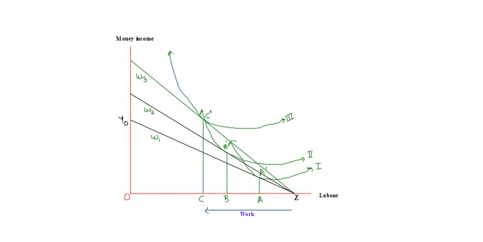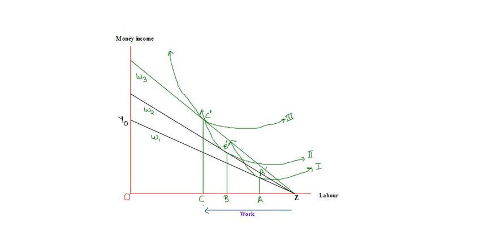So CC dash income is greater than BB dash income, which is greater than AA dash income. Similarly, the hours CZ devoted to work are greater than BZ working hours, which are greater than AZ working hours. And the leisure hours are declining as we move from the lowest downward sloping line to the highest line.